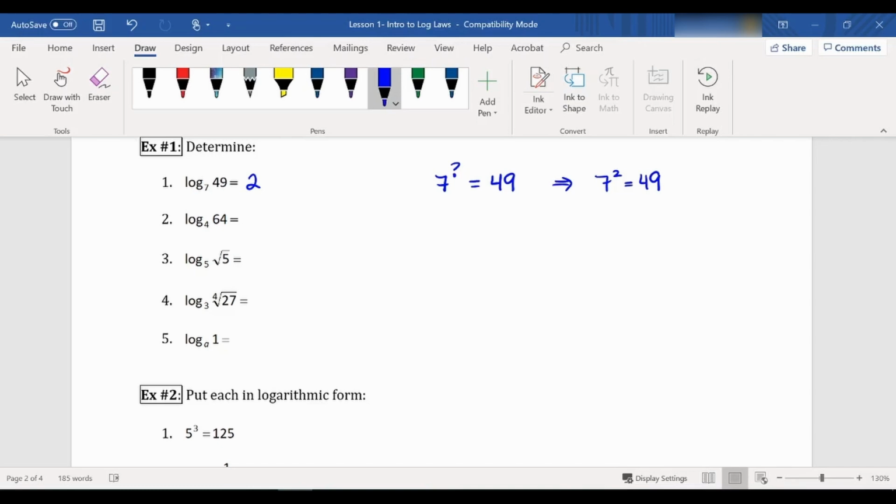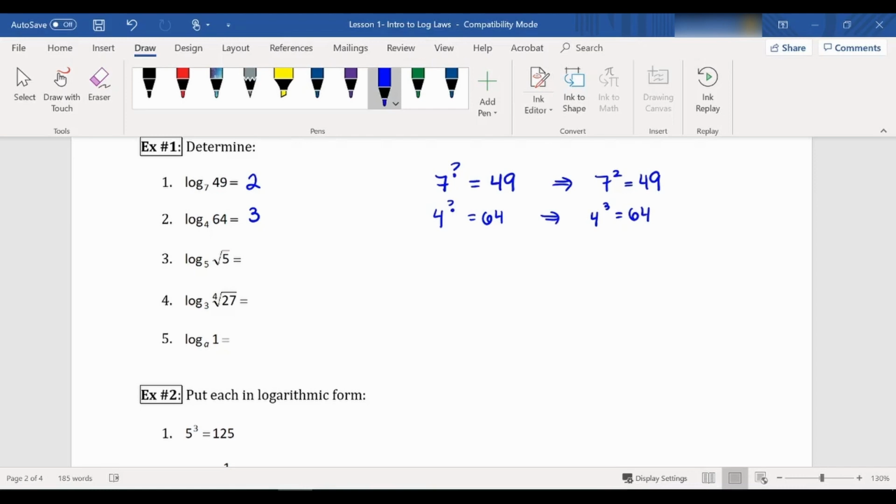Log base 4 of 64 we just did. That's 4 to what power gives me 64? Well, 4 cubed gives me 64. So log base 4 of 64 would equal 3. Now, these ones would be considered very straightforward logarithms because they are nice, neat powers that you can figure out by just looking at these.